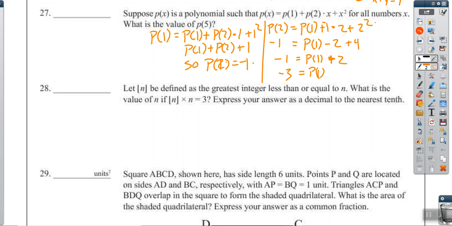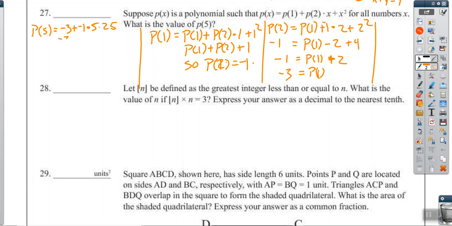All right, so now I can just plug in what I know and find p of 5. So for p of 5, we have, well, p of 1 is -3, plus p of 2 is -1, times 5, plus 25, because that's 5 squared.